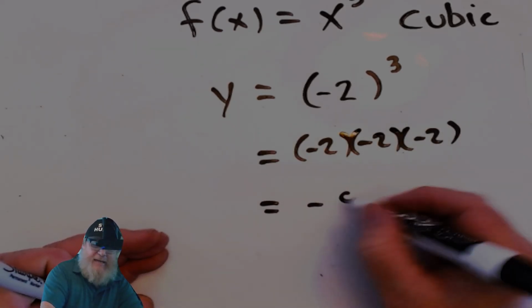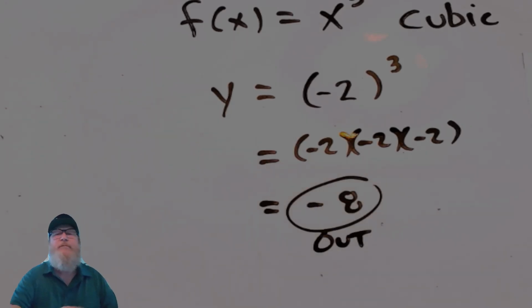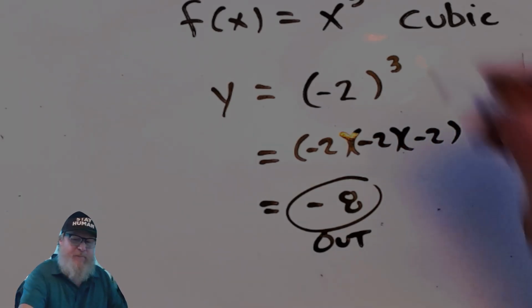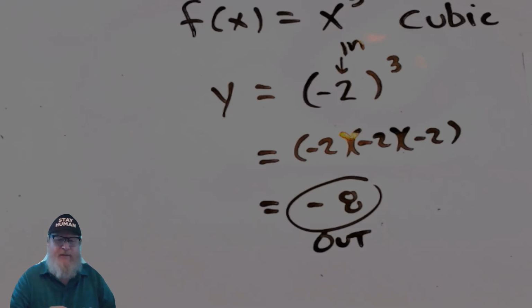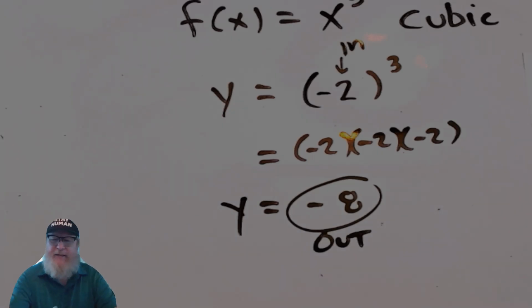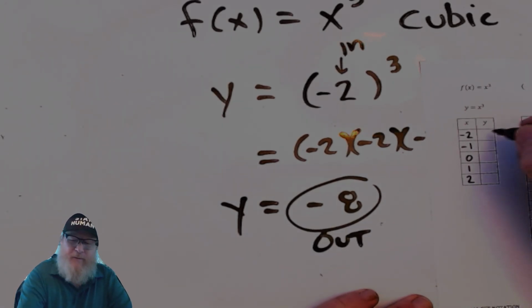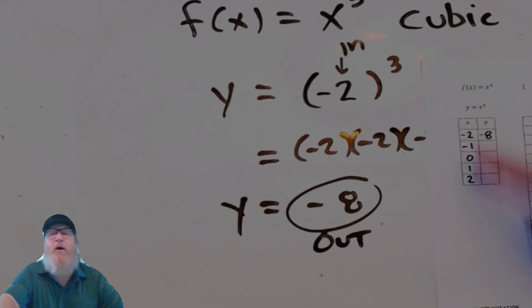And so that's -8. That's your output. Your input was -2. Your output is -8. So on and so forth. Complete the rest of the values.